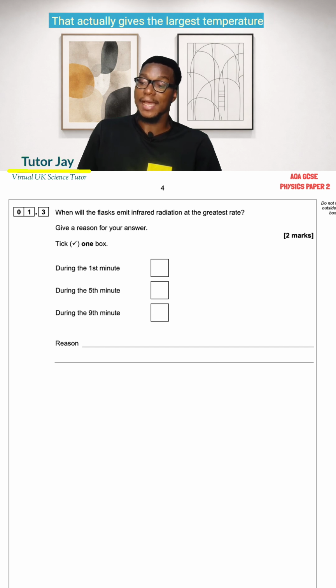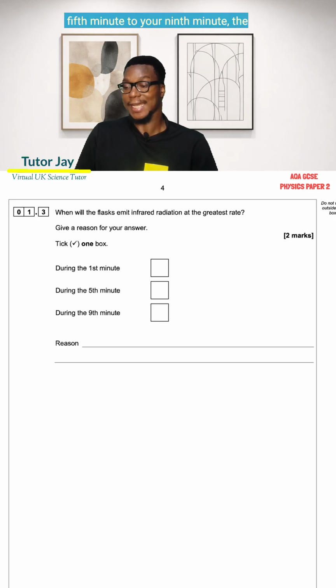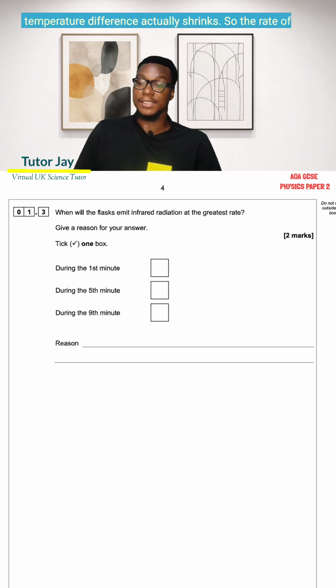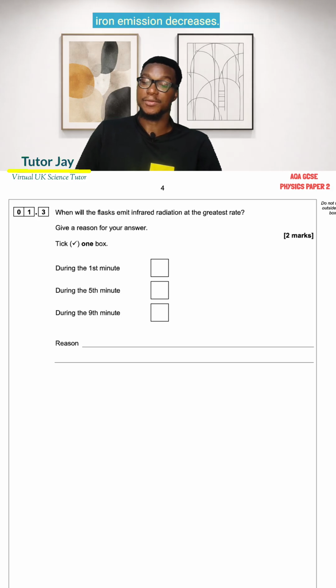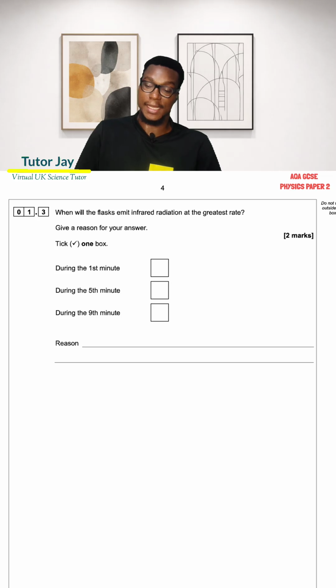That gives the largest temperature difference, so the flask radiates energy more rapidly. As the water cools, from your 5th minute to your 9th minute, the temperature difference shrinks, so the rate of IR emission decreases. By the 9th minute, the flask is much closer to room temperature and emits much less radiation.